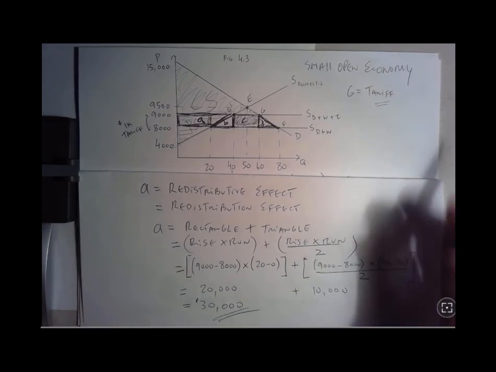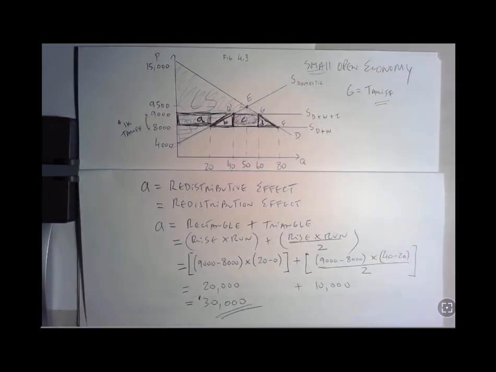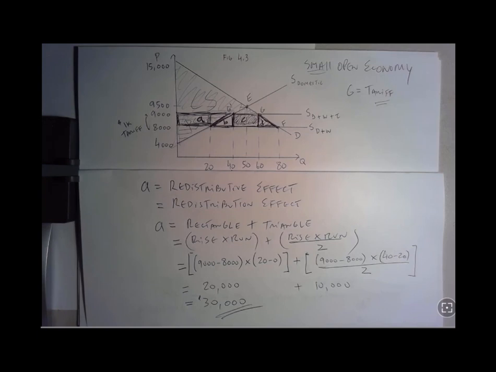And the small open economy is a price taker because it's so small, it has no influence on world prices. So when the economy is large, it means it's more relevant. It means that its own demand may have an impact on world prices. So that's the case we're going to look at next.